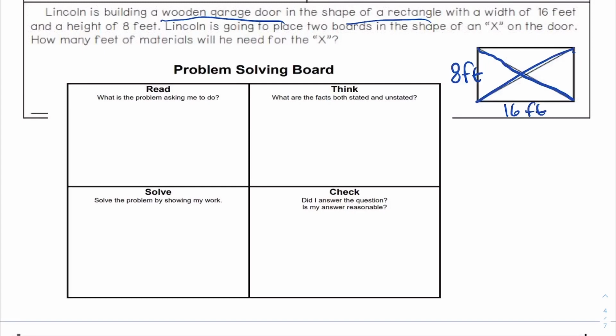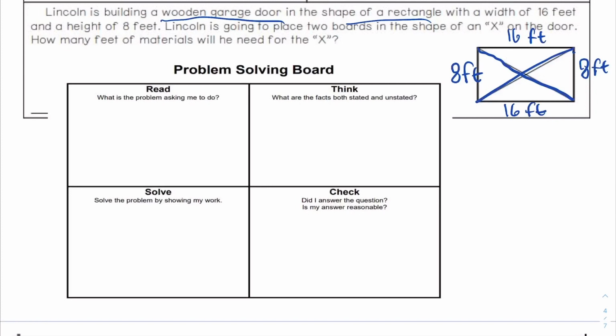Since both of these diagonals are on the same shape, top of it is 16 feet and the right side is 8 feet. Since all of the sides of this rectangle have a matching side with it, we only need to find the hypotenuse once, and then we can just double our answer to find the second one.